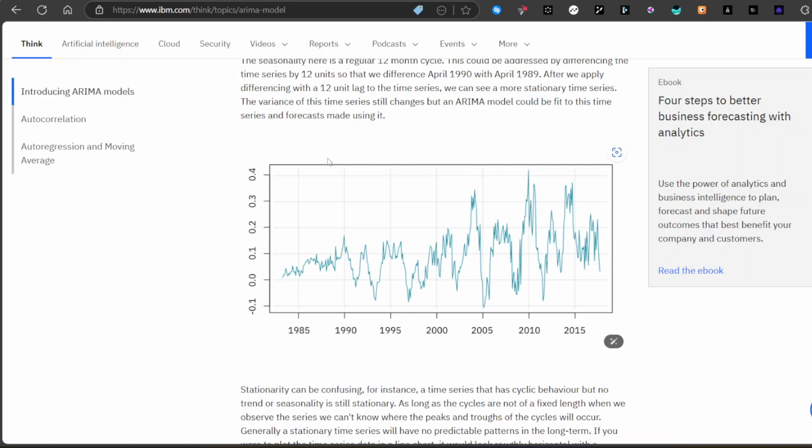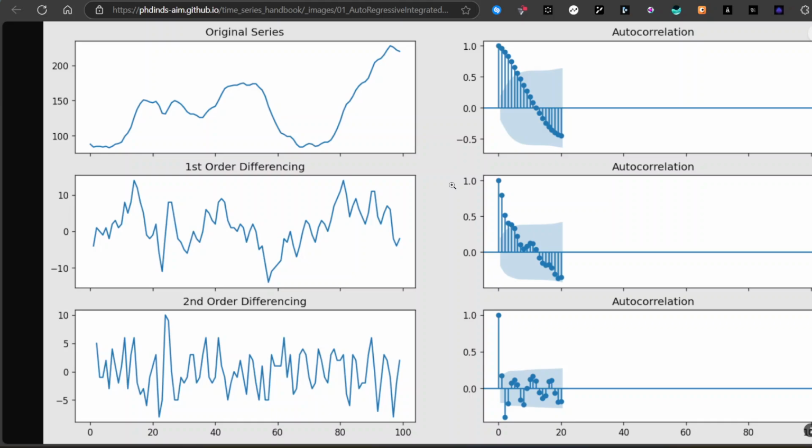Now, finally, the last part, which is the MA, the moving average. The moving average segment smooths out the data by averaging out past error terms.